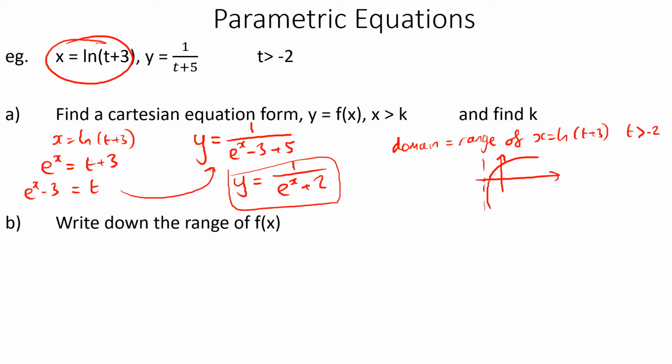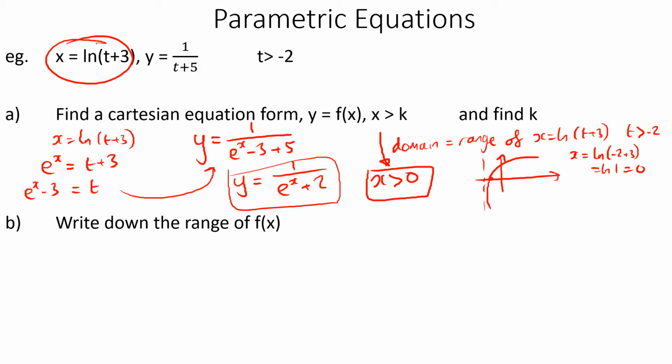And if t equals minus 2, then x is equal to ln of minus 2 plus 3. It's equal to ln 1, which is equal to 0. So our minimum value would have to be 0, and our greatest value is kind of unbounded. So our value of k is simply that x is greater than 0.